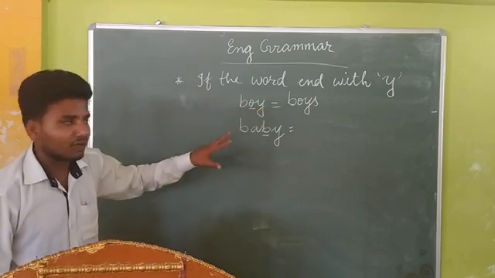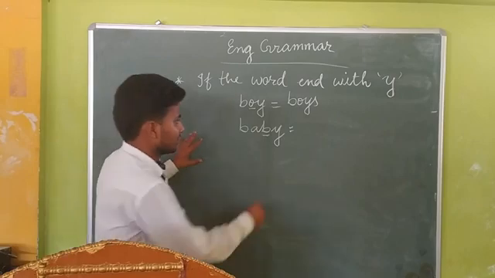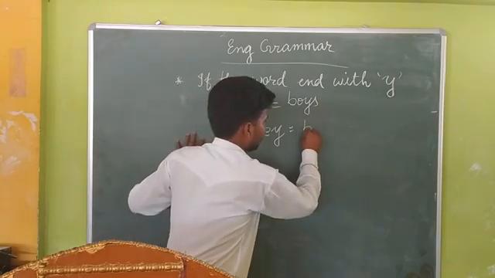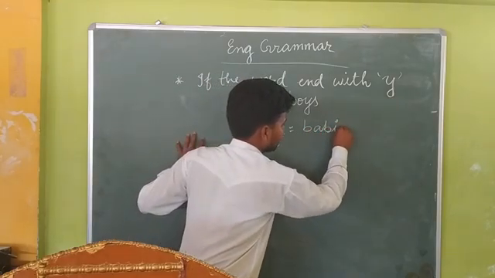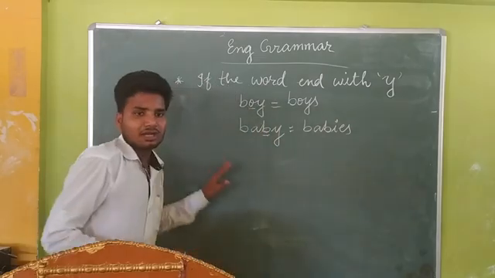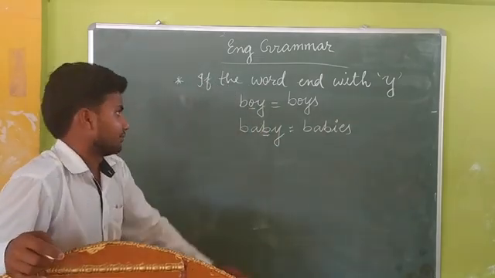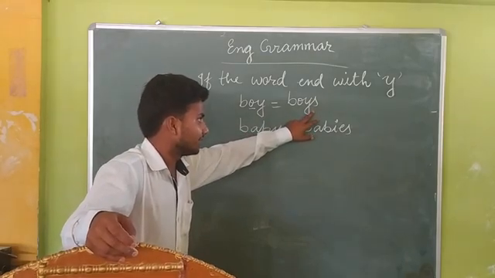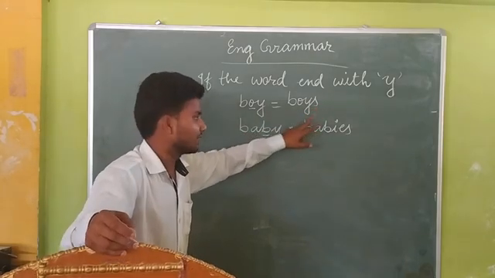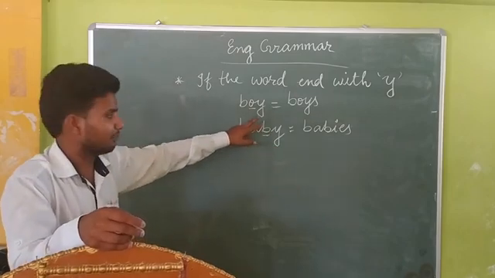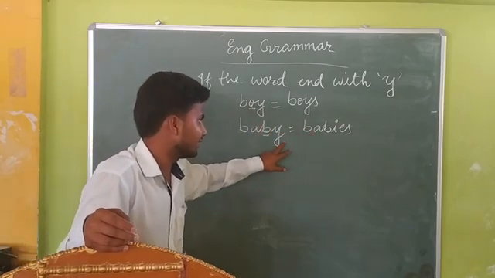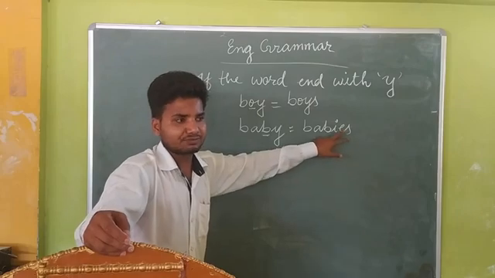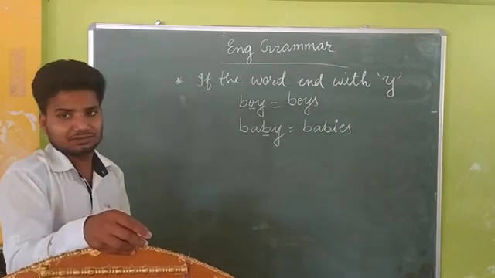That means the plural of baby will be babies, B-A-B-I-E-S. Students, I know that you have a question: why in the first word boy we added only s, but in the second word baby we converted y into i and then added es? There is a basic grammatical reason.